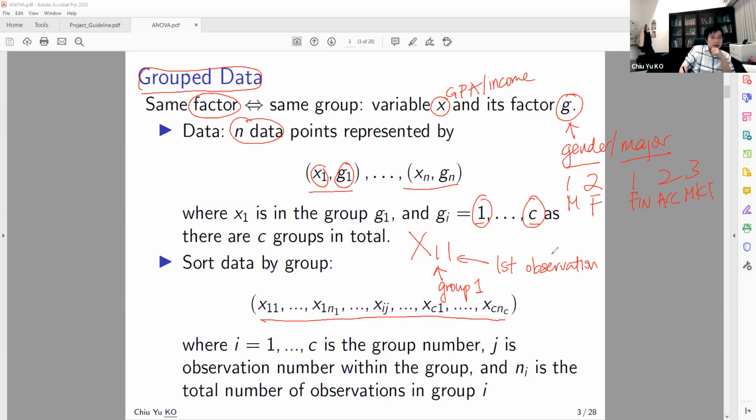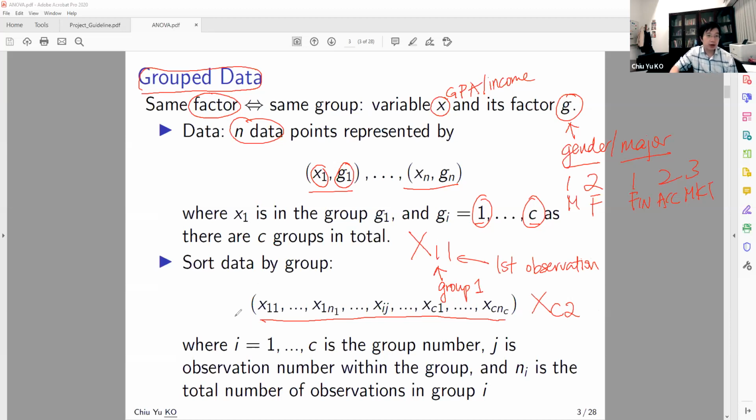This is what the symbol means, okay? So X_C2 will be group C, second observation. Okay, so that is the notation. The first index is the group, the second index is the observation.